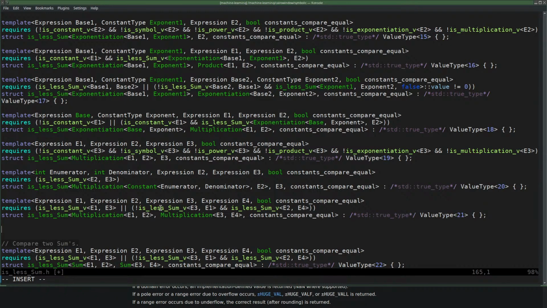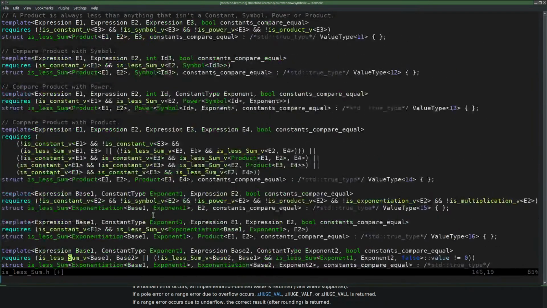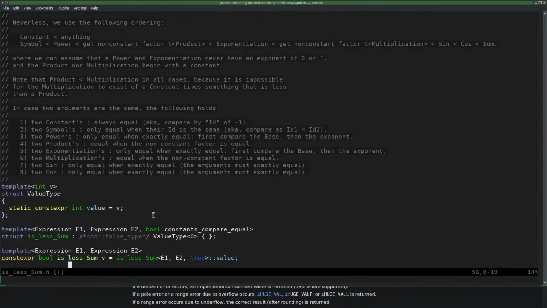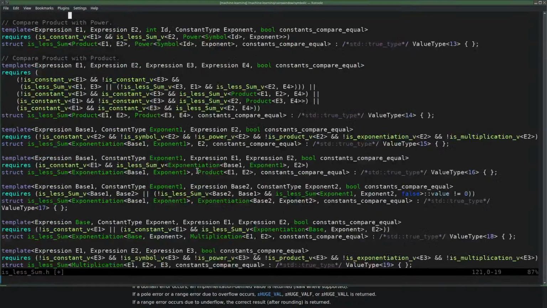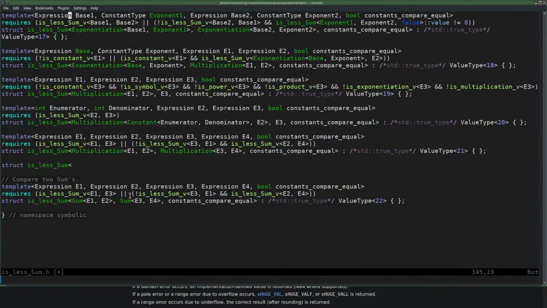Holy shit. So this is supposedly going all the way for multiplications. And then after multiplications I still get sine, cosines and sums. And I have sums here.